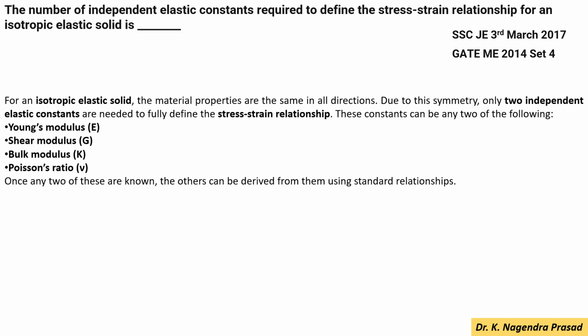Once any two of these are known, the other constants can be derived using the standard relationships. So our answer is the only two independent elastic constants for an isotropic elastic solid material.